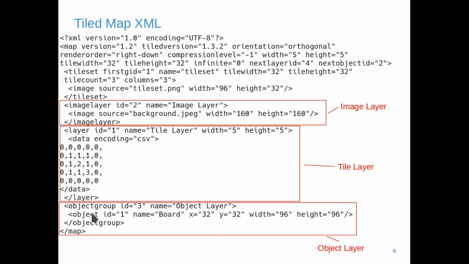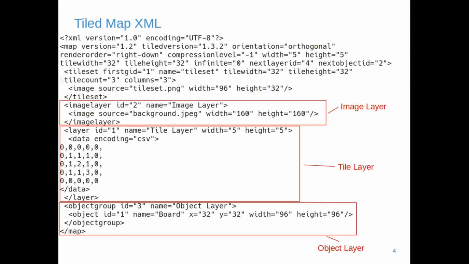Here in the XML, they're called object groups, and they specify different named objects on the map and their parameters. By default, an object has a coordinate, a position on the map, in pixels, and width and height. So basically, objects are named rectangles, and we can use them to place monsters, the player avatar, and things like that.